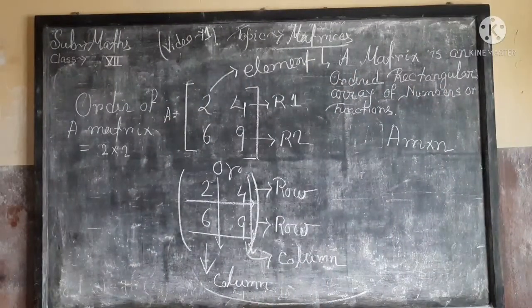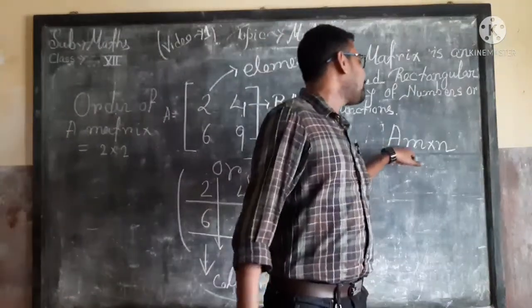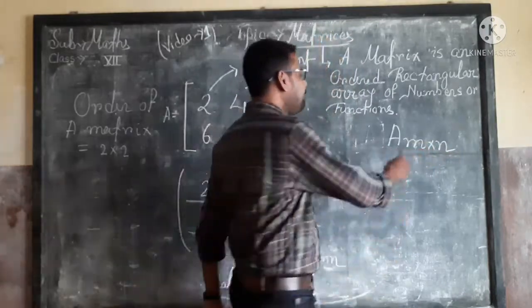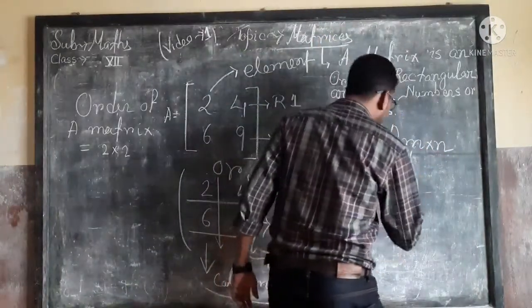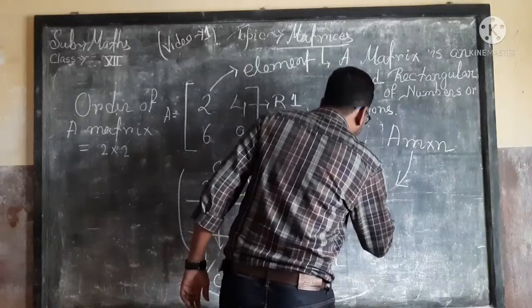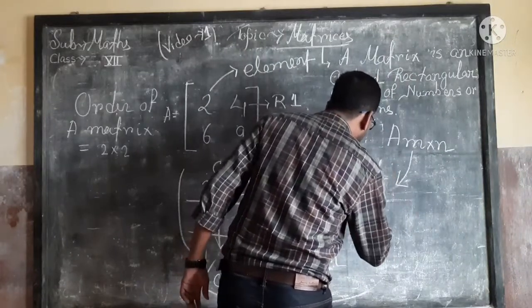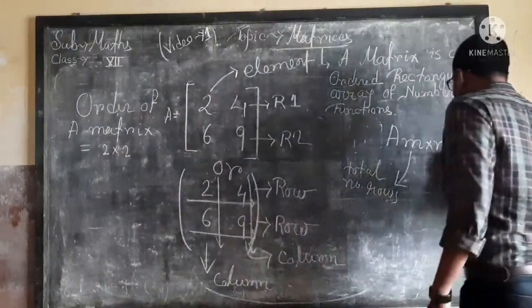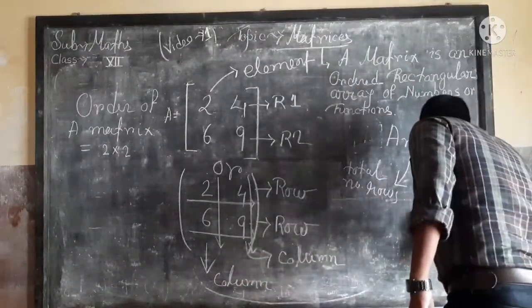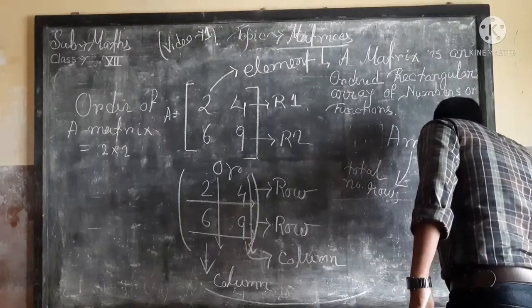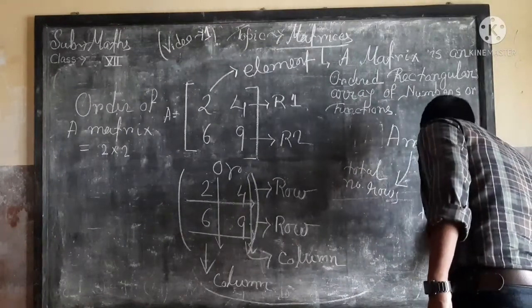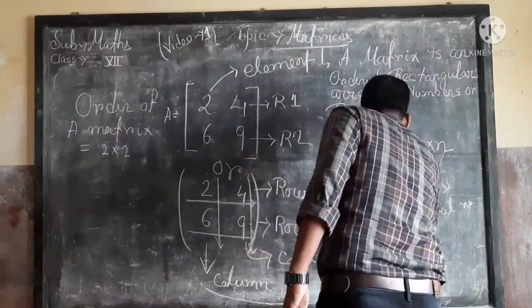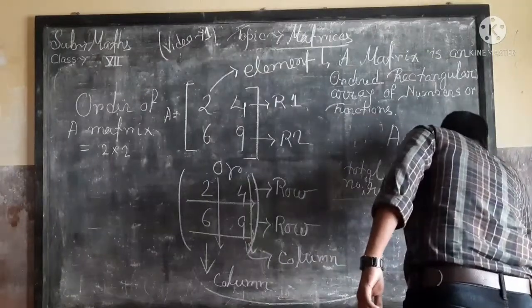Here A is a matrix and the order of this matrix is m cross n, and this is the general notation, where m represents the total number of rows, and n represents the total number of columns.